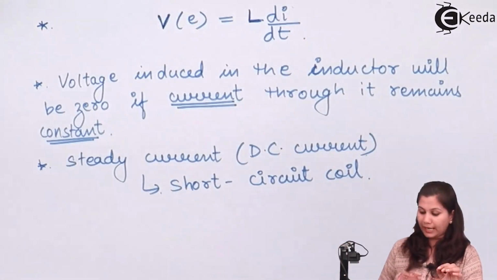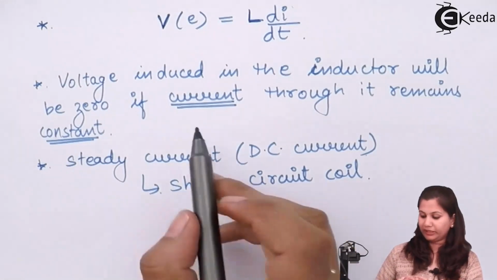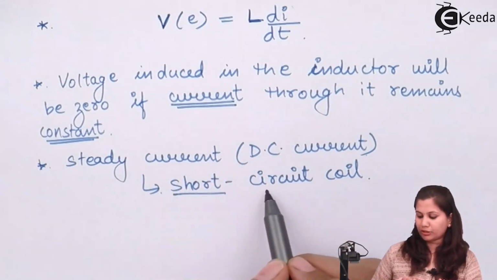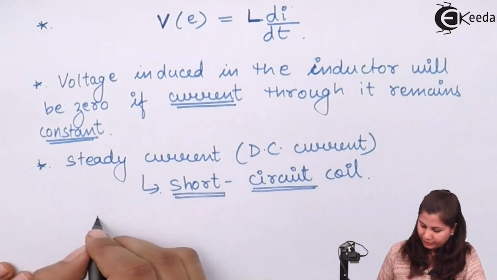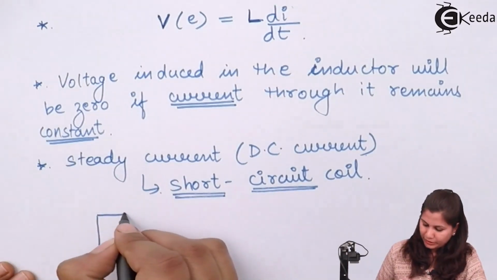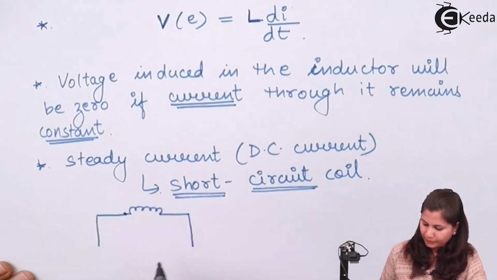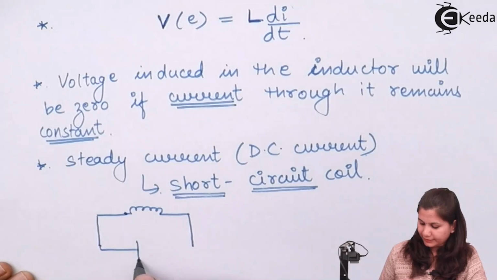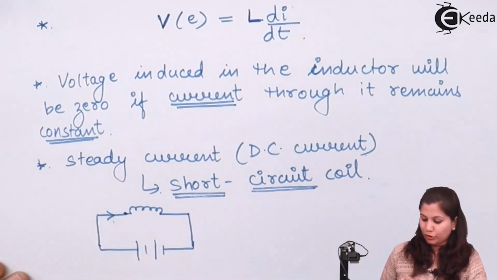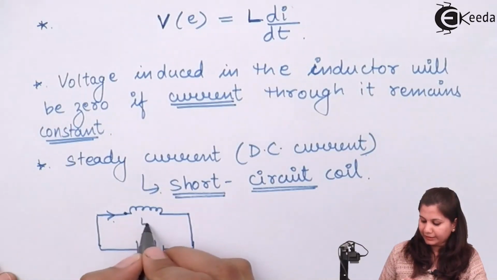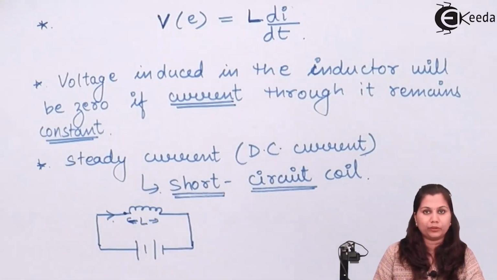Because at that time no inductance property will be there, so the inductor will act as a short circuit coil. So in the circuit, suppose that it is having the inductor and here a battery is connected with it, which is providing DC current. So this inductor will act as a short circuit coil.